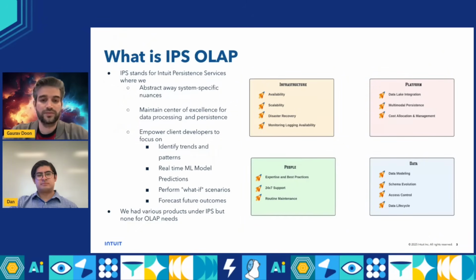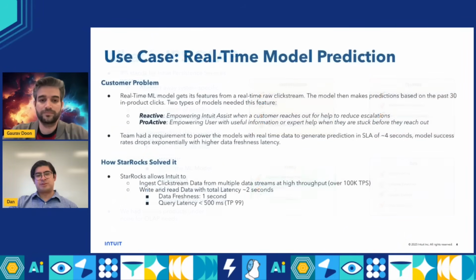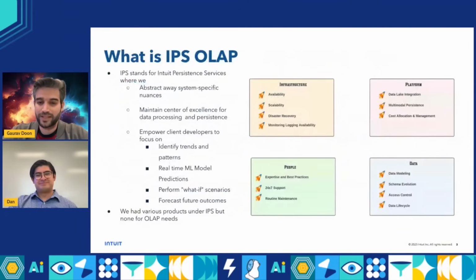Now, as you see in the picture here, these are the four pillars of what IPS stands for. We manage the infrastructure for our clients, ensuring availability, scalability, disaster recovery, monitoring, all of those things. And we provide them with the platform.